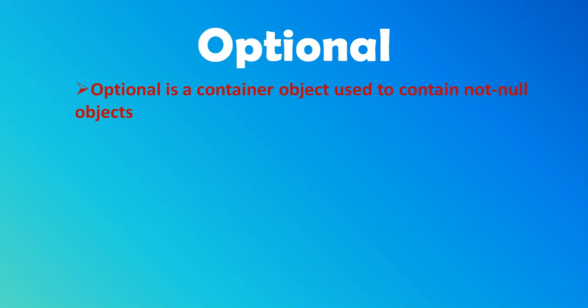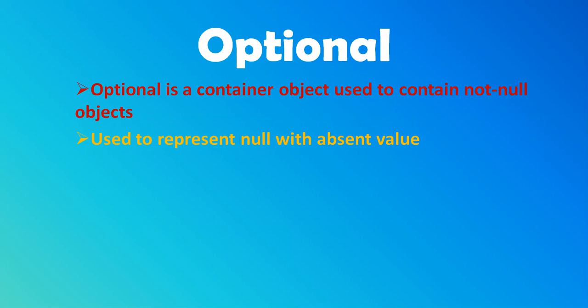So let's see what is Optional. Optional is a container object used to contain a not null value, or you can simply say not null objects. And the second one, Optional is used to represent a null value with the absent value.